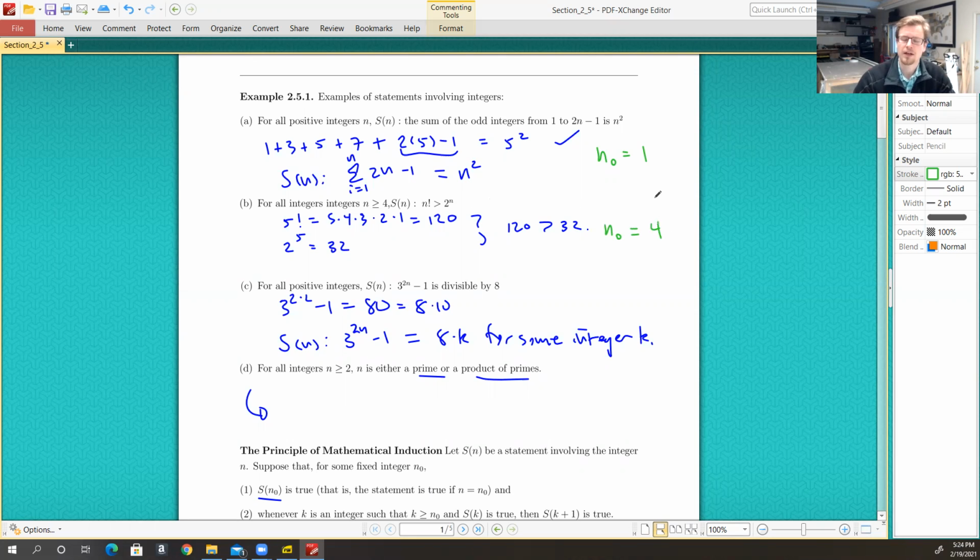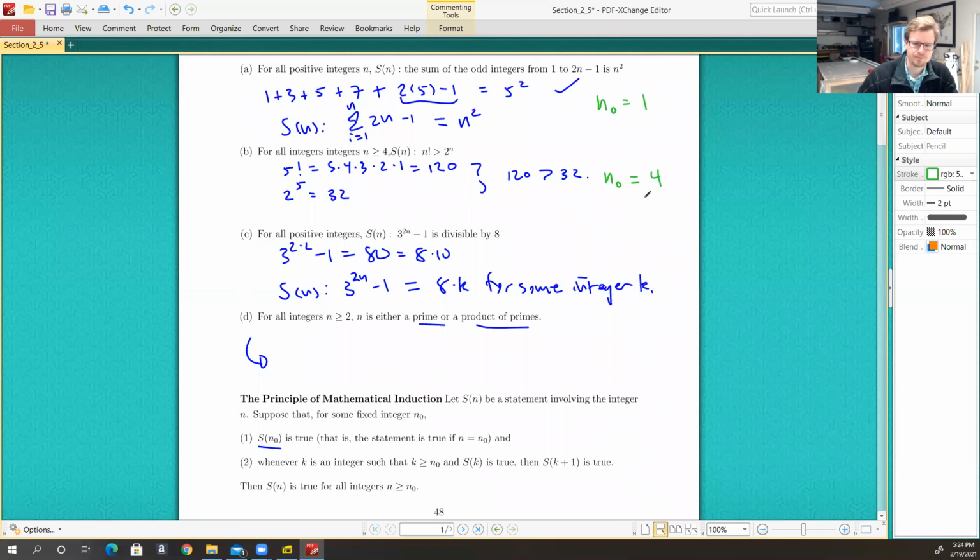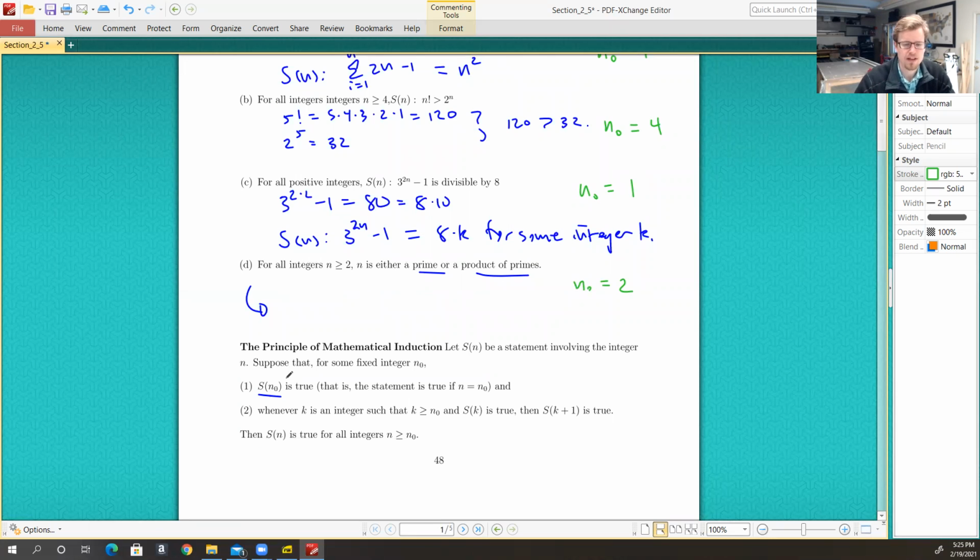I want everything greater than or equal to 4. In the third case, again, we're looking at all positive integers, so it'd be 1. And in the last case, it's for integers greater than or equal to 2. So our base case is when n is equal to 2. All right. So we have the base case, the smallest possible value of n.